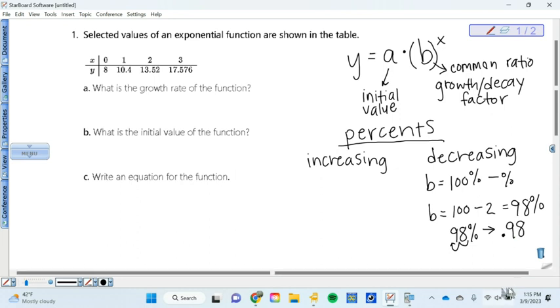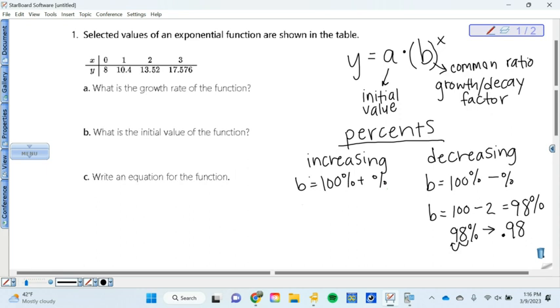0.98. Okay? Now let's look at the increasing example. In number 3, you're going to look at George's bank account. George starts off with some money and puts it in a bank account, and it is increasing by how much? 2% as well. But for increasing, we start with 100% and we add however much it's increasing by.